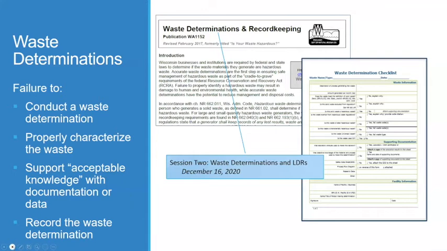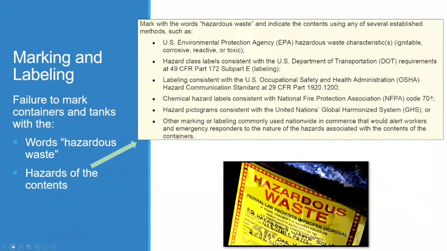And next slide, please. So marking and labeling. So failure to mark containers and tanks with the words hazardous waste. And now that we've adopted the generator improvement rule, in addition to the words hazardous waste, there has to be an indication of the contents. And then you can use any of these bulleted methods here.